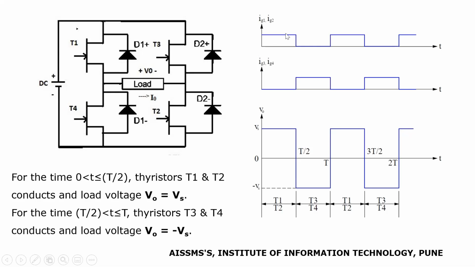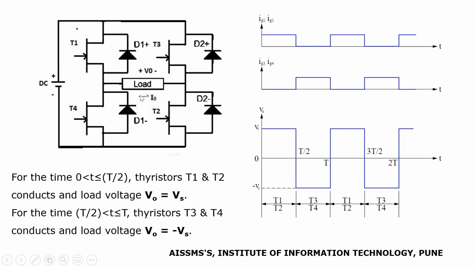So here I have shown the triggering pulses applied to the switches and the output voltage waveform. Initially, a simultaneous triggering is applied to switches T1 and T2. With this, T1 and T2 start conducting and a current starts flowing from the DC source through T1, through the load, through T2, back towards the DC source.